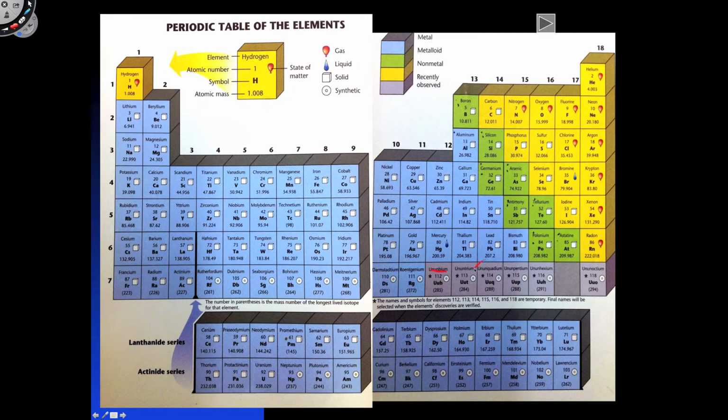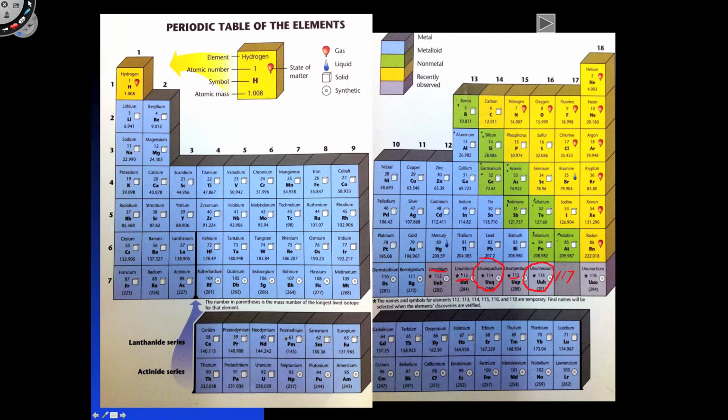This one also was recently named in 2012, and this one here, I believe this is flerovium and this is livermorium. Might be backwards, but flerovium and livermorium. So element 115 and 113, and I forget 117, but it does have a temporary name right now. Ununoctium 118.